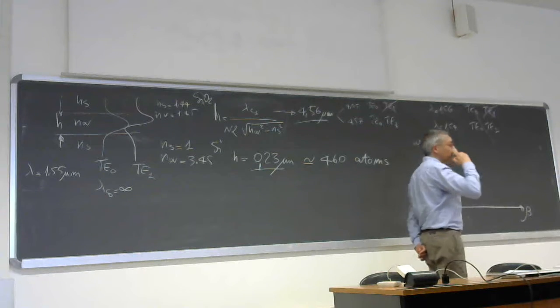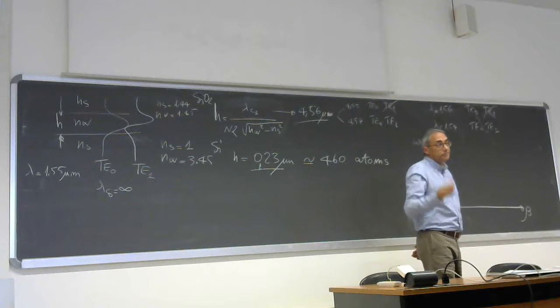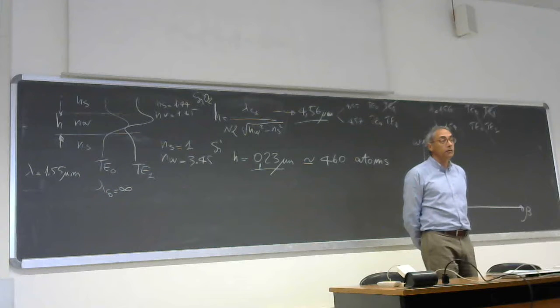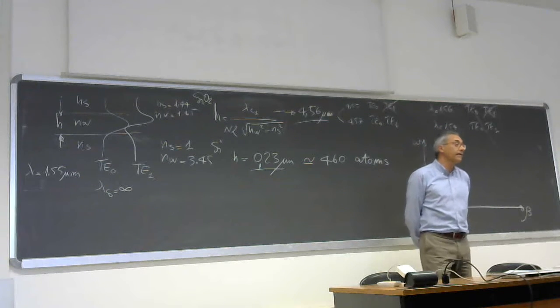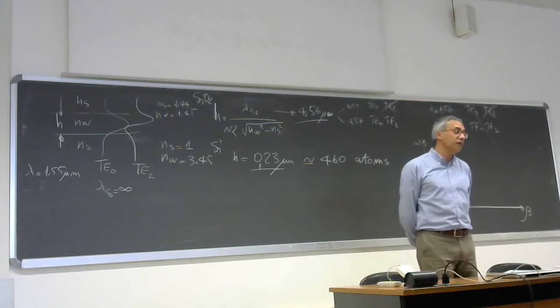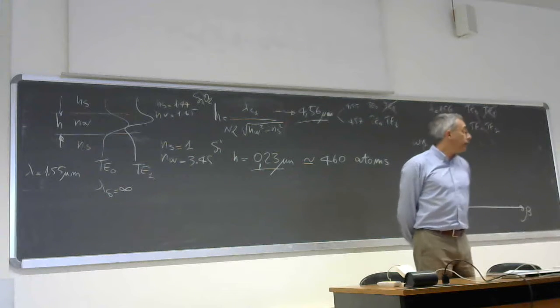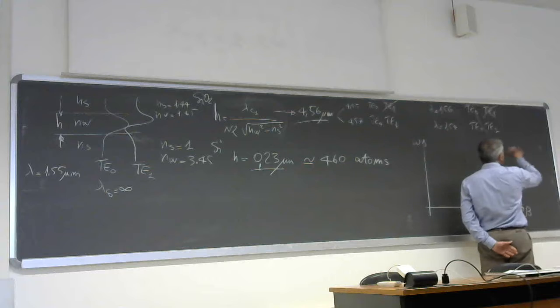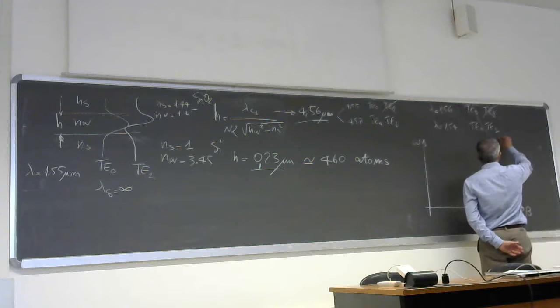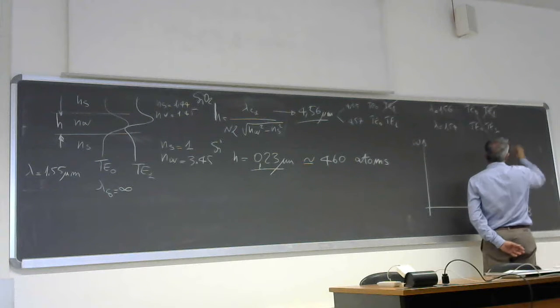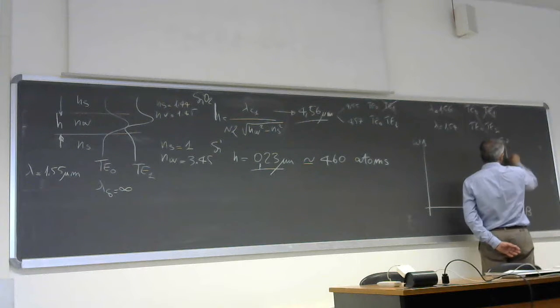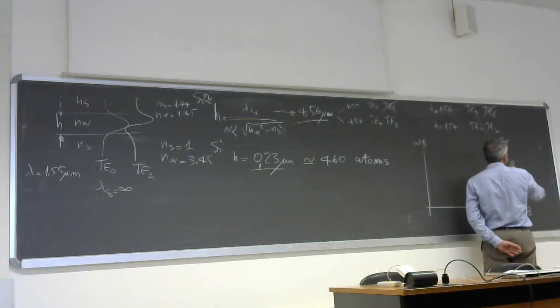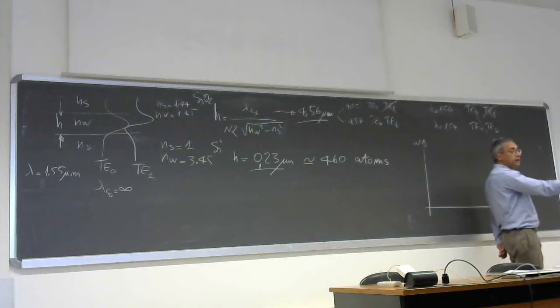You understand now that beta is very important for us. Beta is called the eigenvalue, the solution of the wave equation, and it is a wave vector because the light propagates as an exponential plus or minus. So the wave vector is 2 pi divided by lambda multiplied by the refractive index.